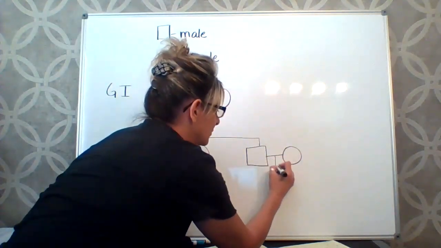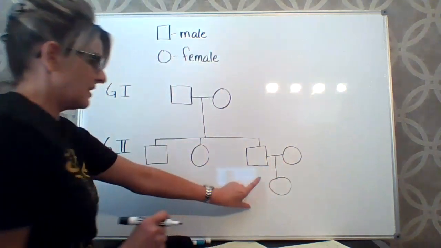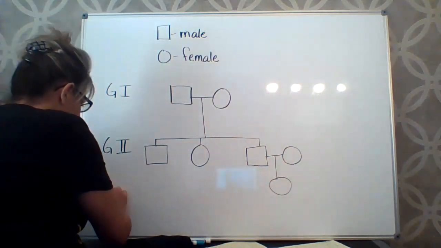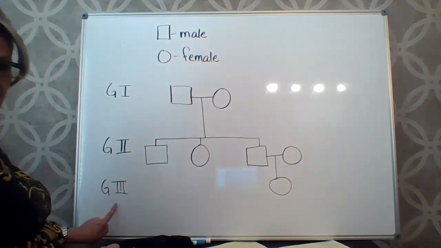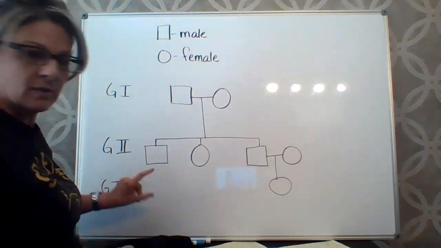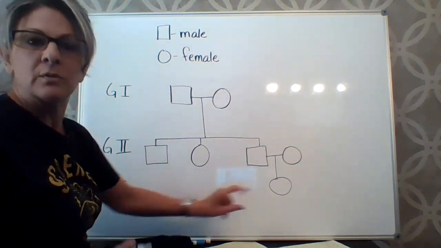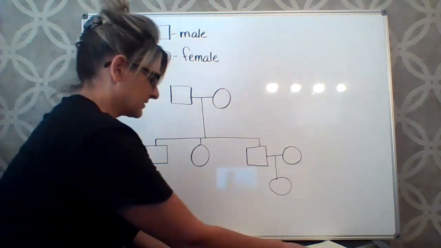And if they at some point in time had a child, let's say they had a daughter, then this would be what we would call generation 3. Okay, and any other subsequent future children that any of the other ones might have would also go on to generation 3. All right, so those are kind of the basics.